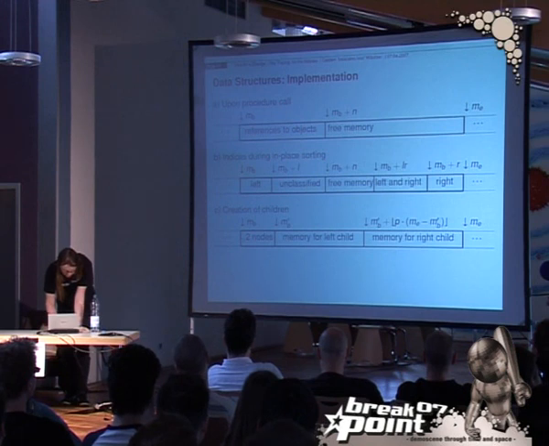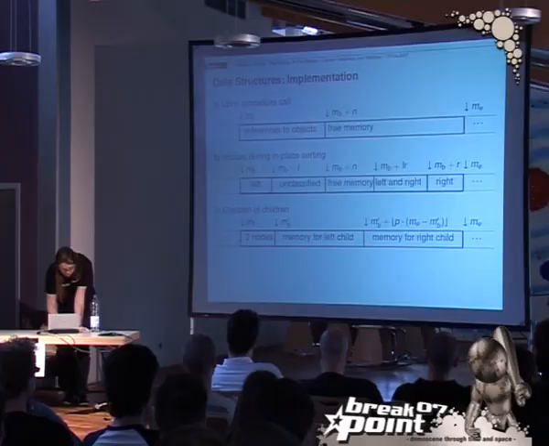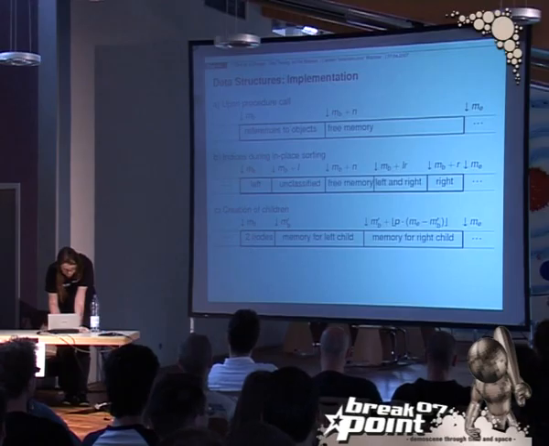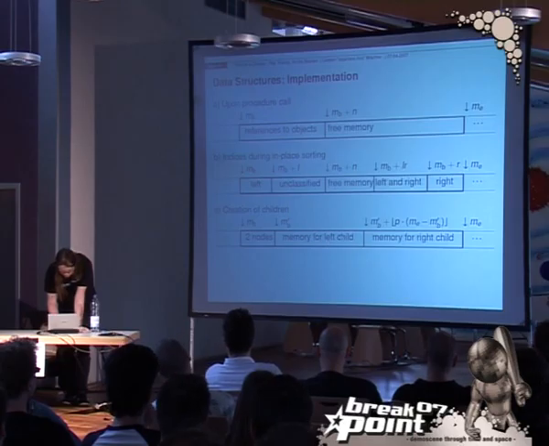So then you will come out with 2. Here you have to spend additional memory for the 2 nodes you will create for the 2 children. So there will be the split planes in there and the pointers. And then you have to predict the memory for the left child and predict the memory for the right child.